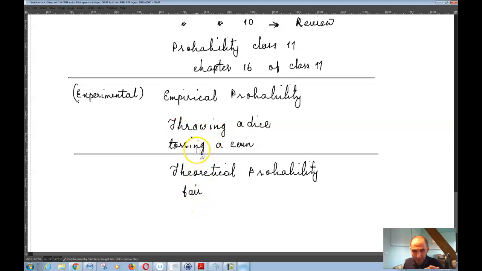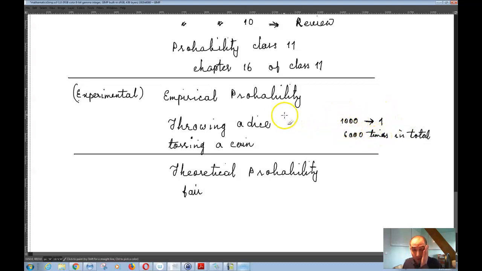Suppose that you get 1,000 ones, and you have thrown the dice a total of 6,000 times in total, and then you've got 1,000 ones.